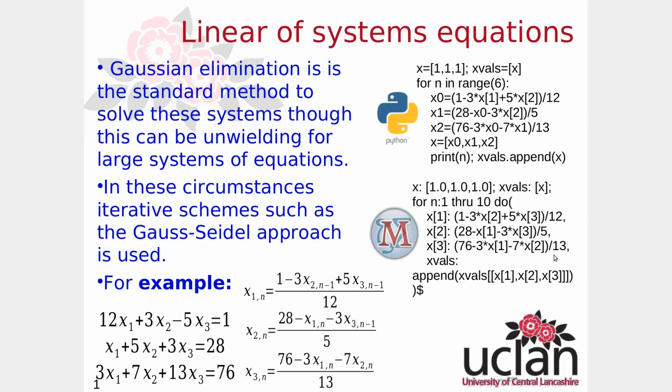In Maxima, first thing to note is do tell Maxima that these are floats, and the way in which you do that in Maxima, because Maxima is an algebraic solving system, is you have x 1.0, 1.0, 1.0 to say that these are floating point representations, and then again xvals is simply a list. Notice here equals means something very specific.